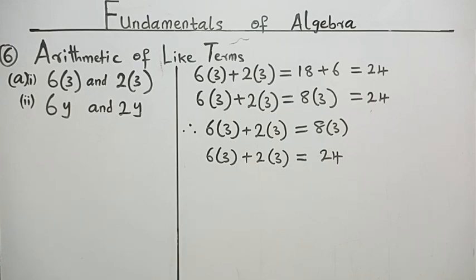But when we do arithmetic of algebra, only one of these two is possible. Please, like I said earlier, let me replace this 3 by y and this 3 by y. Let us now check whether it is 24 we're going to get as the answer, or 8 bracket something we're going to get as the answer.